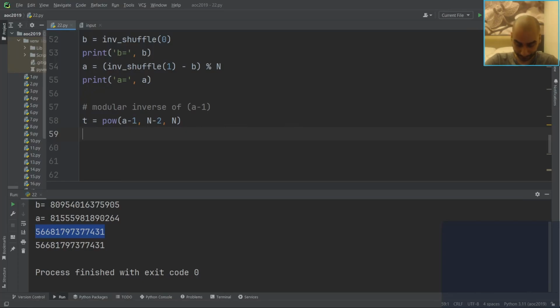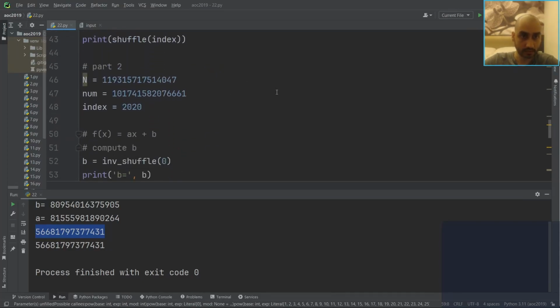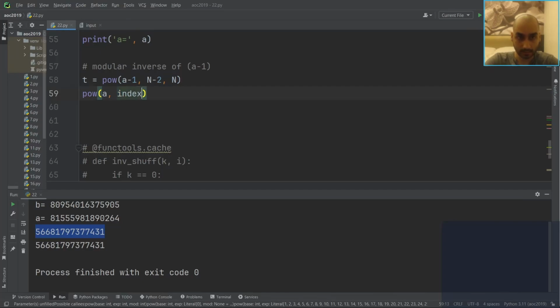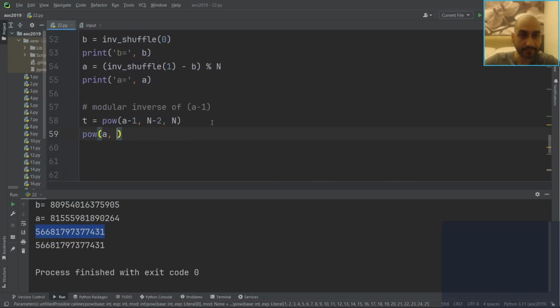So we want A to the power of 2020. So index... no, not index. To the power of num, which is that.